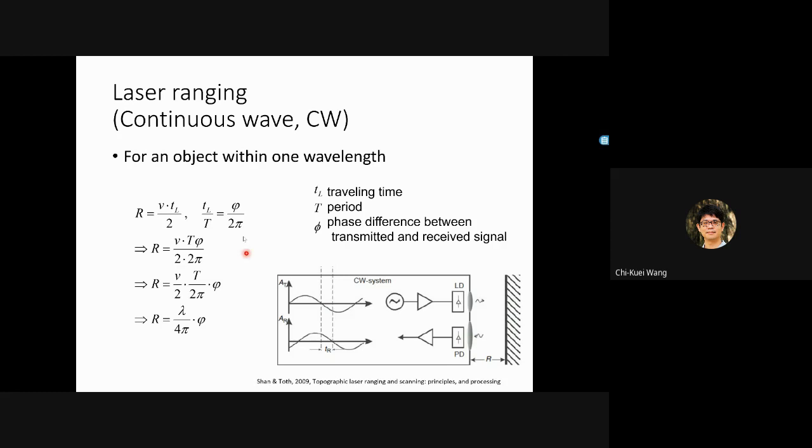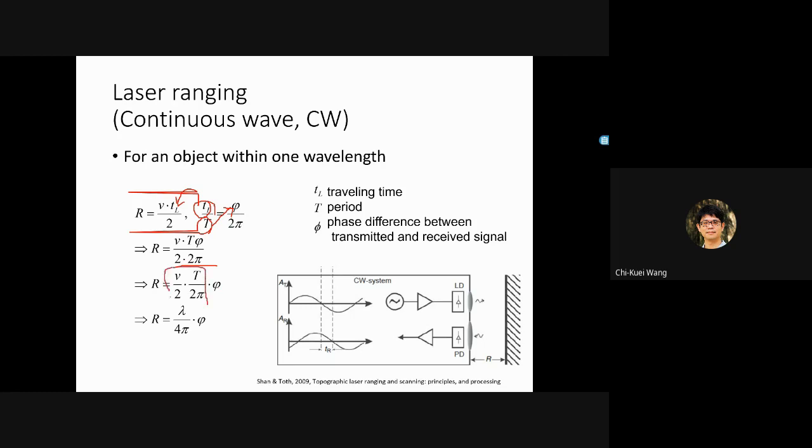With this equation, we do a little bit of math. We move this T to the numerator. Then we have T_L, and we put T_L into here. So we have this new equation, and we just rearrange the terms.